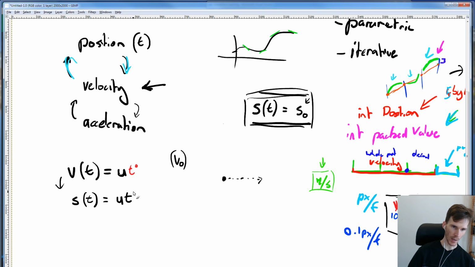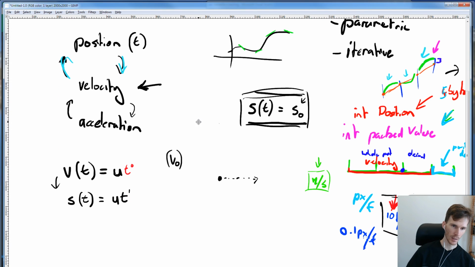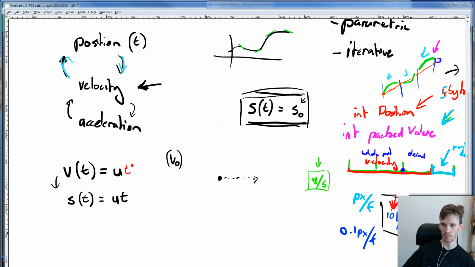And so we're adding 1 here, and then what is it? It's dividing. I think it's dividing. Yeah, we're adding 1, and then we're dividing u by 1. So let's draw that in. We add 1 and divide u by 1. So it's s of t equals ut.